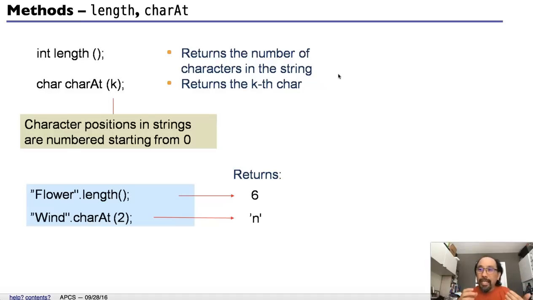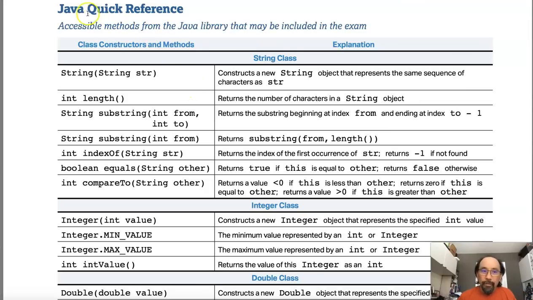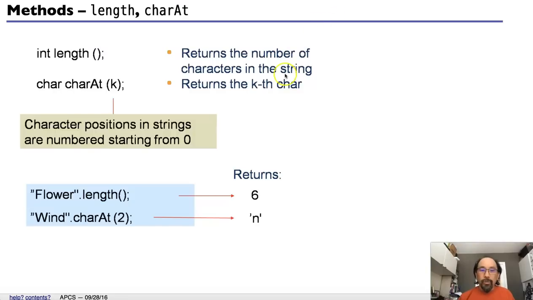In terms of details, we're always going to have a Java reference sheet for you on a test that will show you the methods and even constructors of the string class that you need to use, and it won't have all 20, 50 of the methods. So don't worry about trying to memorize the details of all of them, but understand that they exist and understand them at a high level.